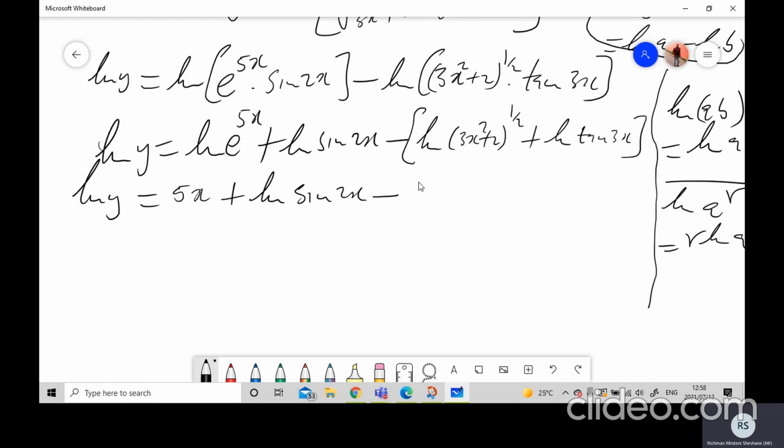We're going to have minus, but you still see this log property. We can take this r down, treat this as r. So this would be half ln of 3x squared plus 2. And again, we multiply the negative here, this positive with minus, ln of tan 3x.